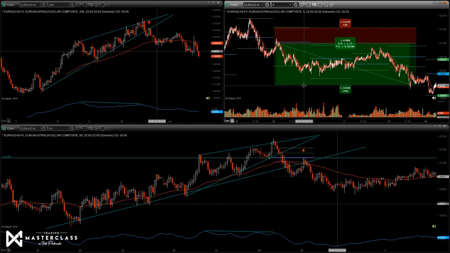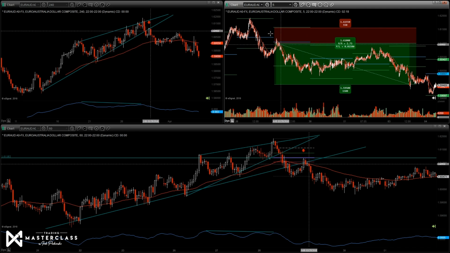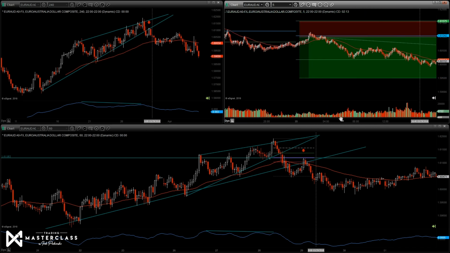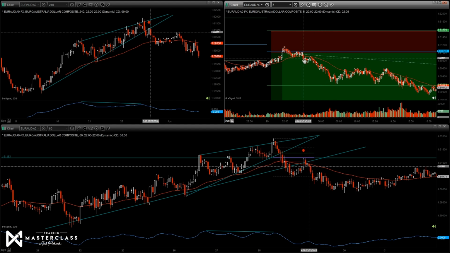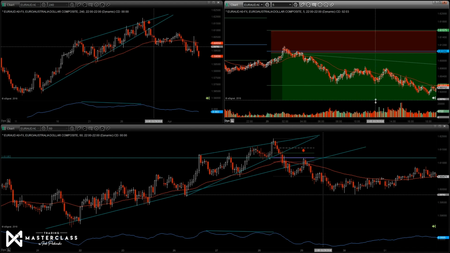But if you want to be more conservative, take the live entry instead, take the 5-minute break, which was present here, and I showed you that already, but let me show you again, the 5-minute break happened right there. Okay, so that's where the live entry would have been. Because of that, your stop loss would have been a little bit larger and you wouldn't have the same reward risk ratio.